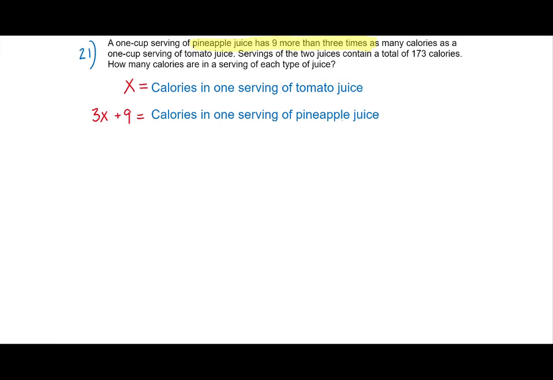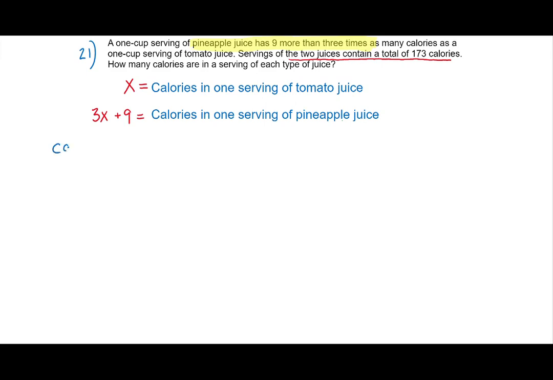All right, so now we know, so let me underline this in red, the two juices contain a total of 173 calories. All right, so that's giving us the structure of our equation. So let's just think about this logically. If we mix the two juices together, we get 173 calories.